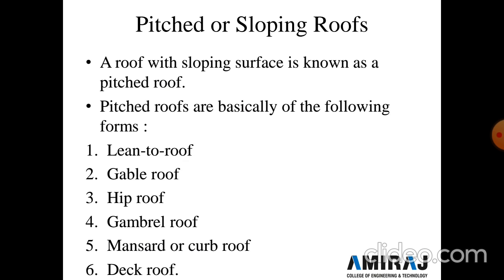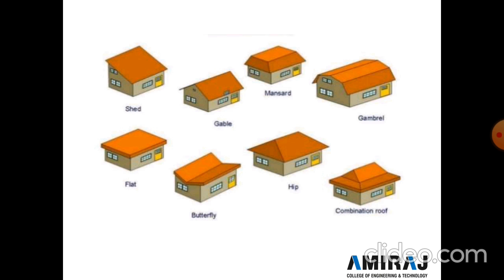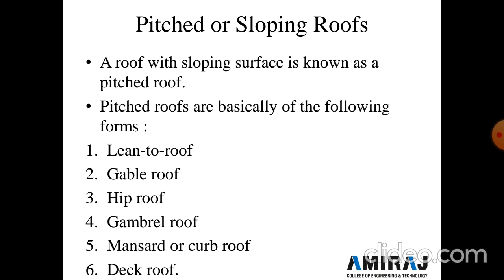Pitch roofs basically have the following forms: lean-to roof, gable roof, hip roof, gambrel roof, mansard or curved roof, and then deck roof. Here some figures are given, and one by one we discuss each and every type of roof. The first type is the lean-to roof.